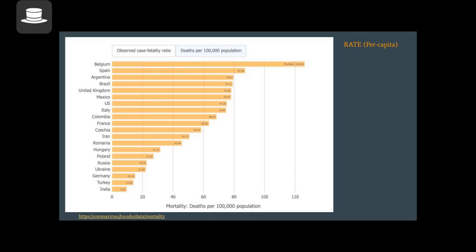So rate and ratio are different ways of comparing numbers. If you compare deaths versus number of cases, that's a ratio. And if you're comparing it to the overall population, that's the rate.